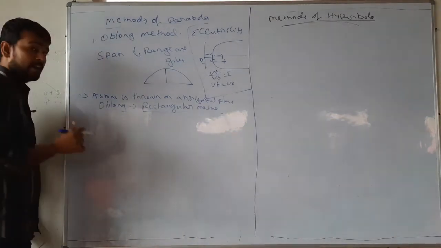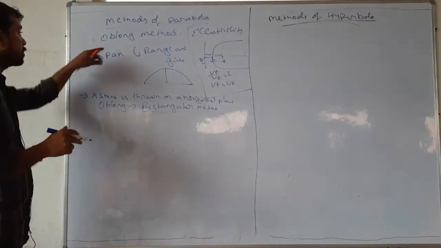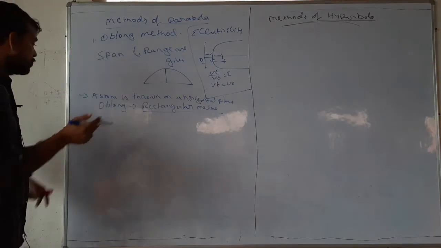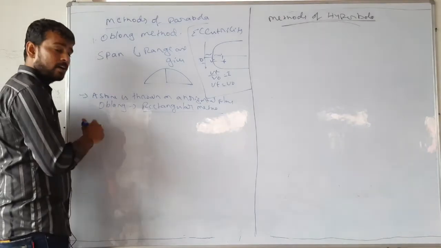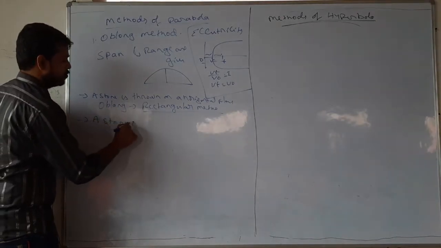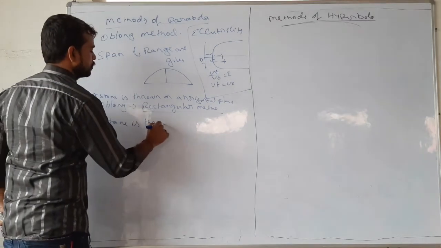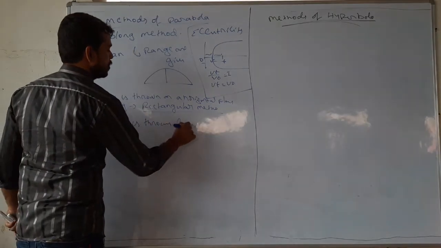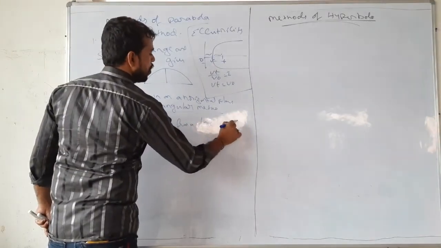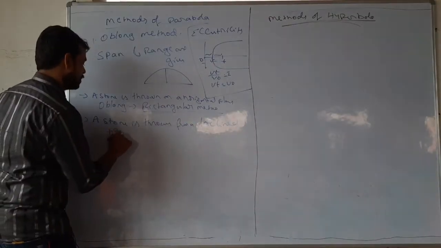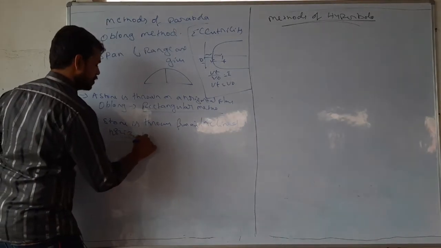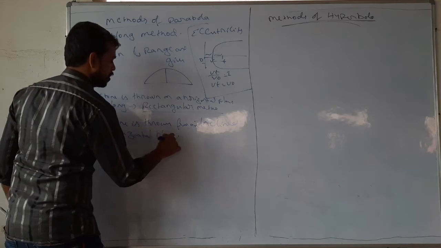Okay, so when will the parallelogram method come? Because there are two methods: one is the rectangular method and another one is the parallelogram method. When you have to draw by the parallelogram method, the same stone is thrown from an inclined horizontal plane.